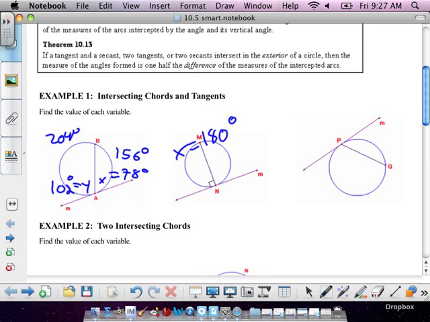Okay, this one's a hard one. This is 2x, and this is x. This is y, and this is z. There are no numbers. How am I going to figure this out?